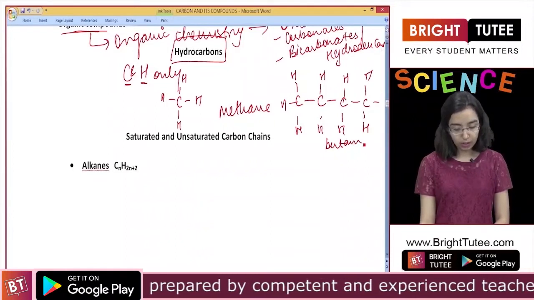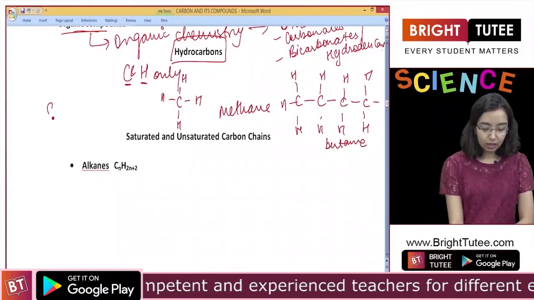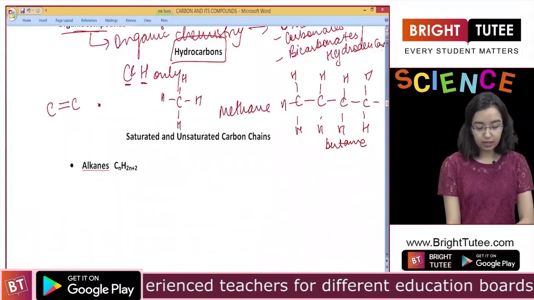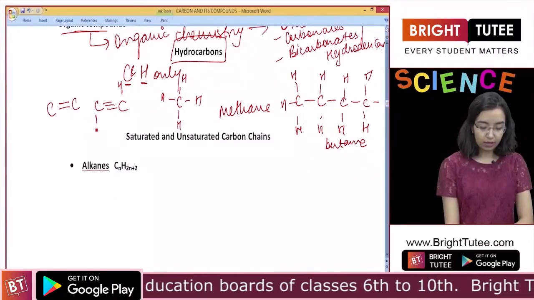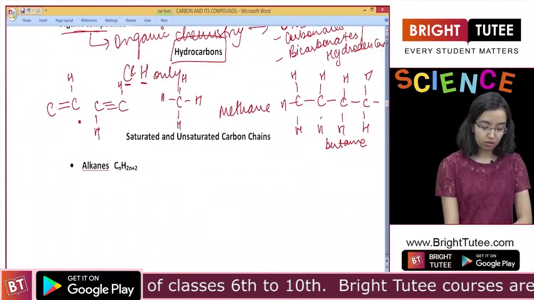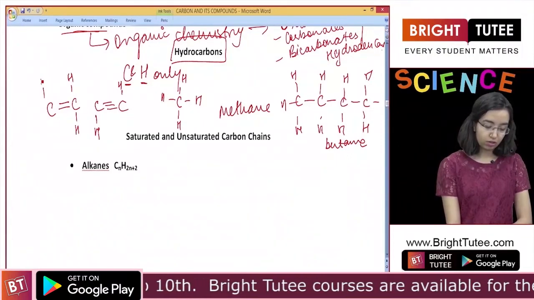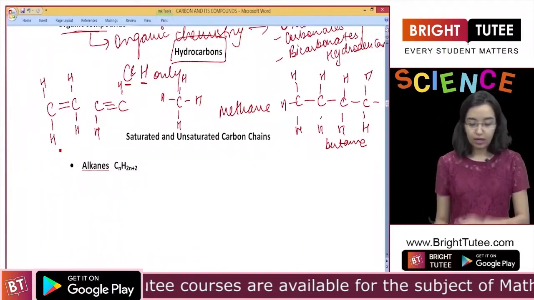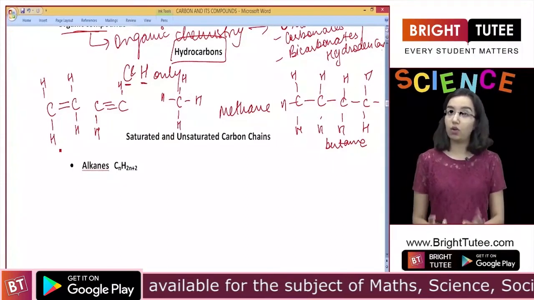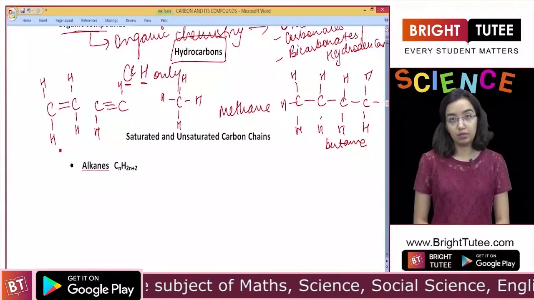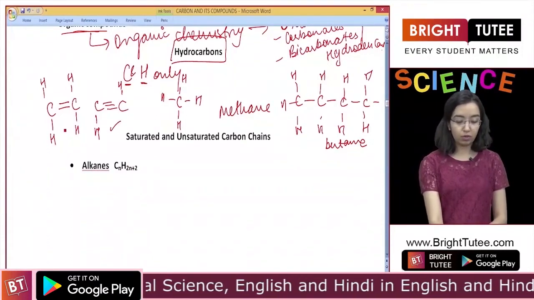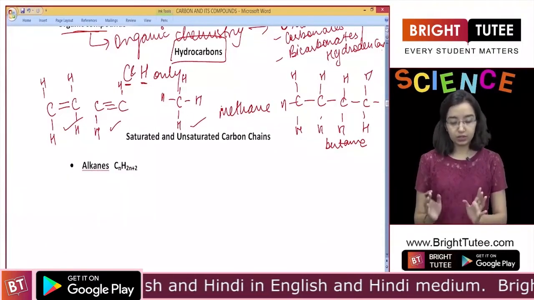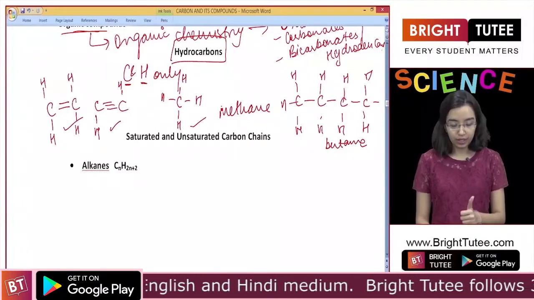Why is it called that? We'll understand that later. And it can also have double bonds with itself, it can have a triple bond with itself, and fill the remaining valencies with hydrogen. In all of these cases, they're all still called hydrocarbons because there's no third element involved. As long as there's only carbon and hydrogen, no matter if it's double bond, triple bond, or a single bond, it is still called a hydrocarbon, right?